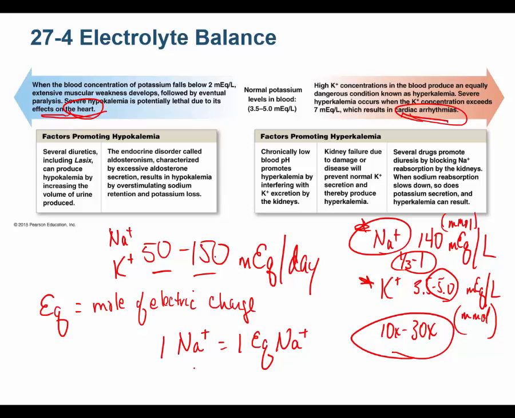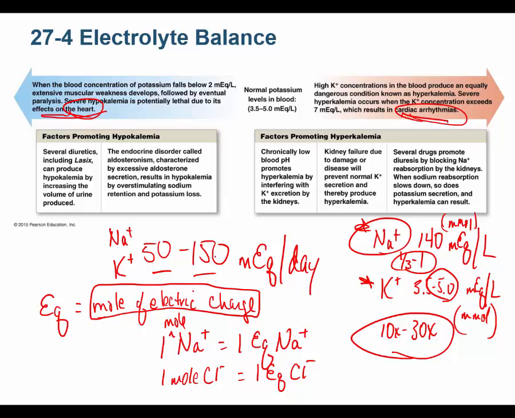Because sodium has 1 charge. So a mole of sodium is 1 mole of a charge. 1 mole of chloride equals 1 equivalent of chloride, because it has 1 charge. It happens to be negative, but I didn't say what kind of charge when I said an equivalent. I said a mole of electric charge, because it has 1 charge. Same with potassium. Potassium has 1 charge. A mole equals an equivalent.